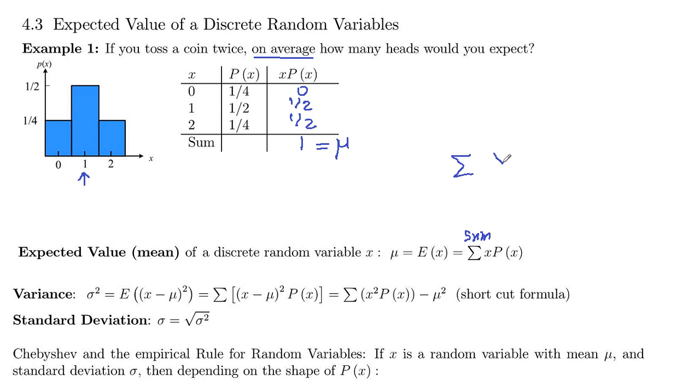We did sum of x minus x bar squared, and then we divided by n minus 1. Instead of dividing by n minus 1 here, we're going to multiply by the probabilities. So we're going to sum up the deviation squared times the probability.